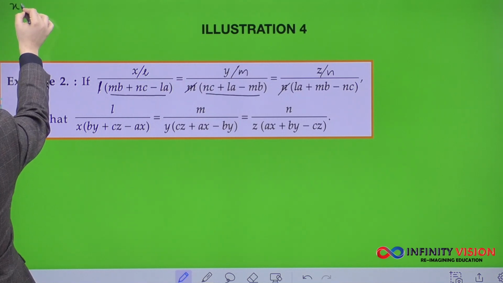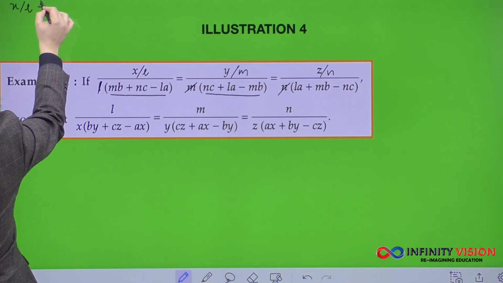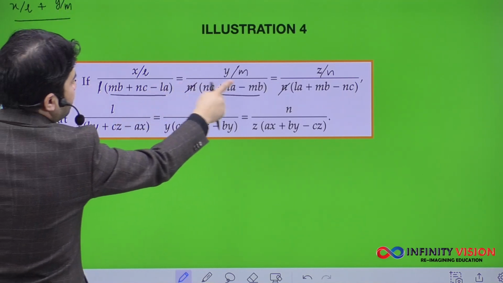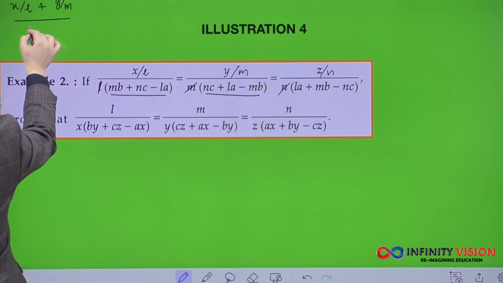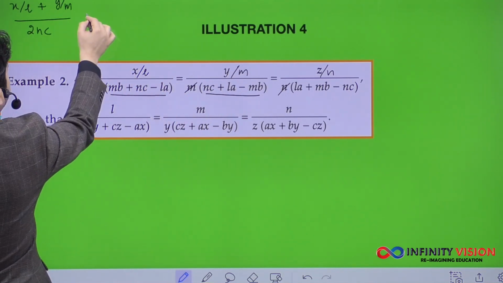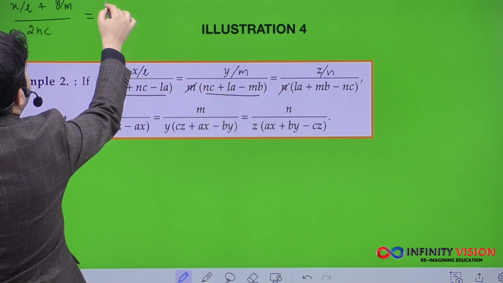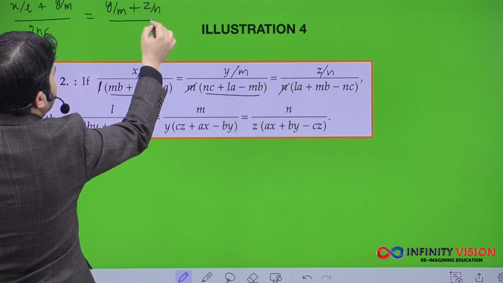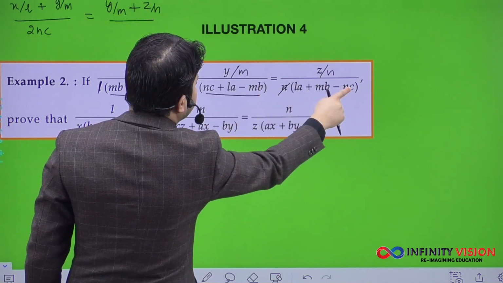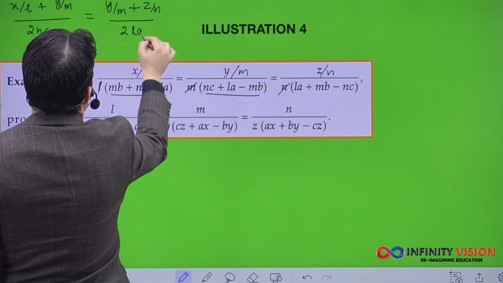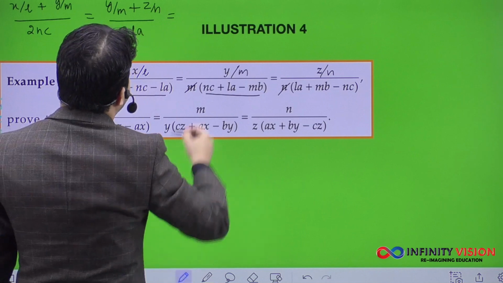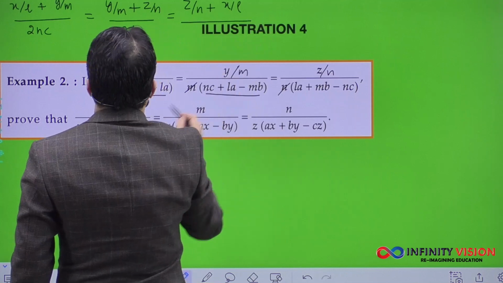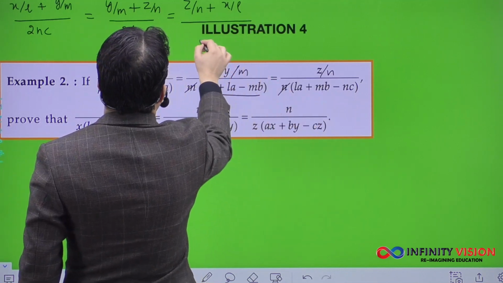So I'll say x upon L plus y upon M upon, now LA out, MB out, you're just left with 2NC, which is also equal to y by M plus z by N upon, MB out, NC out, you will be left with 2LA, and the third one would be z by N plus x by L upon, LA out, NC out, you are left with 2MB.